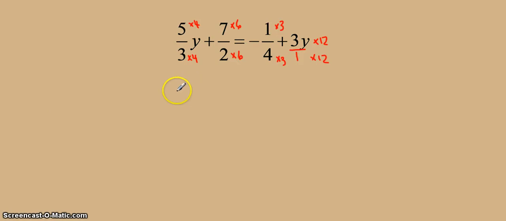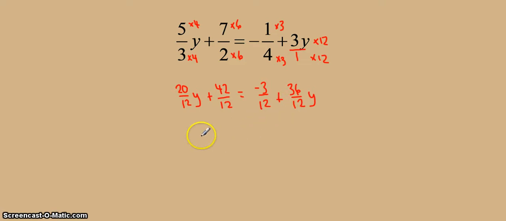So this gives us 20 over 12 y plus 42 over 12 equals negative 3 over 12 plus 36 over 12 y.